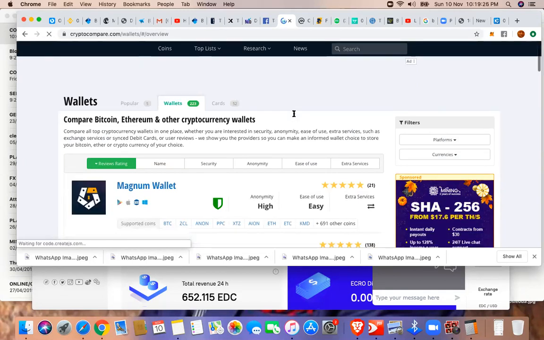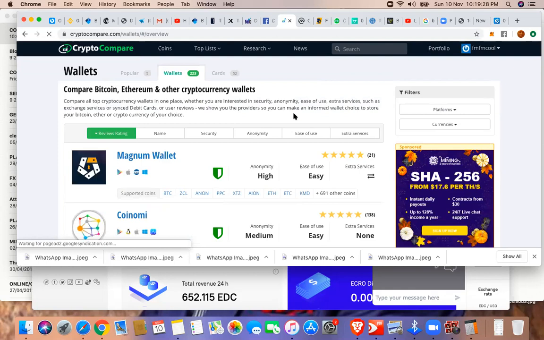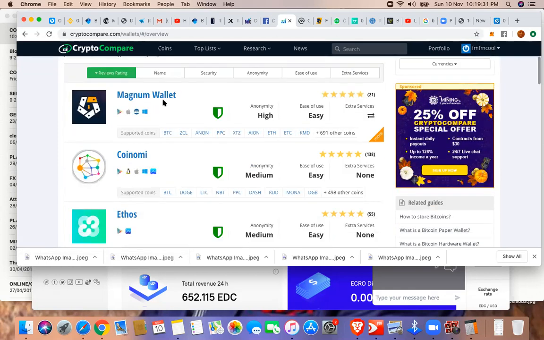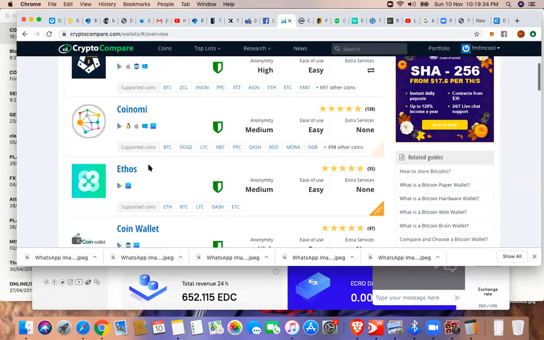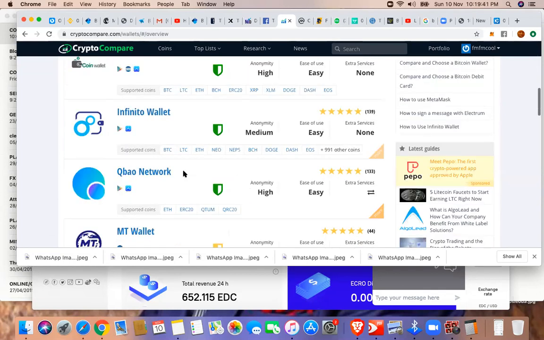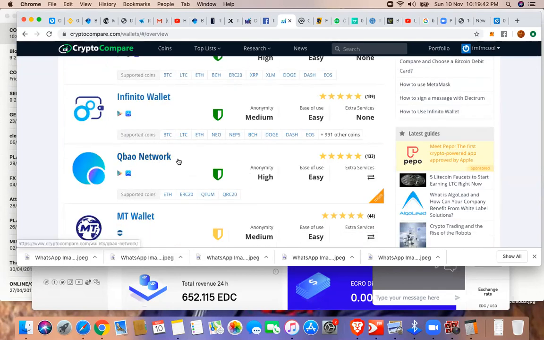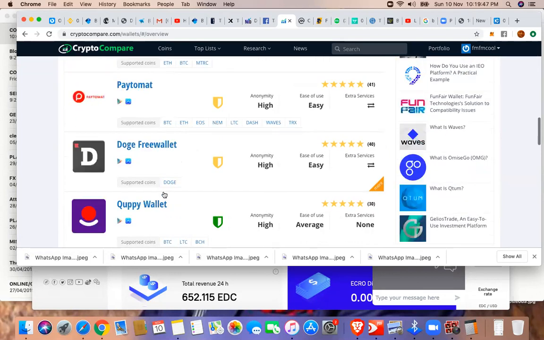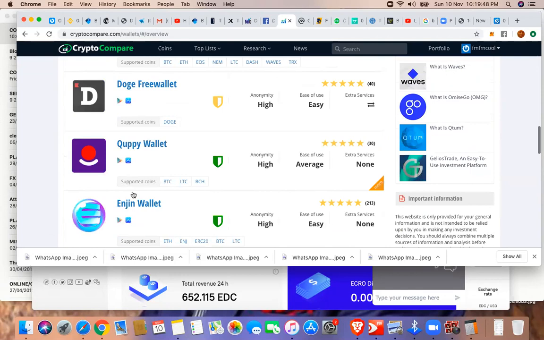So it helps you to keep track of coins. Look at wallets, I have this wallet, I have Coinomi, I have Coin Wallet, and so many other wallets. There's even Dodge Free Wallet, there's Engine Wallet.